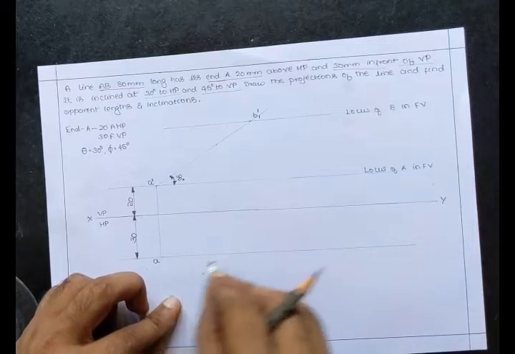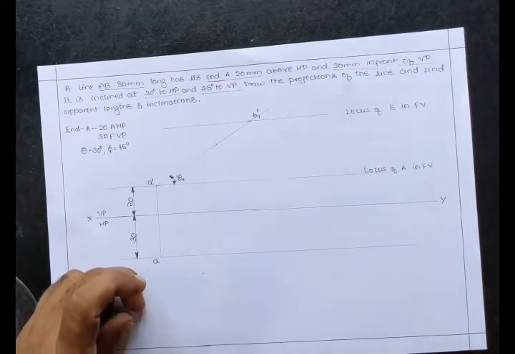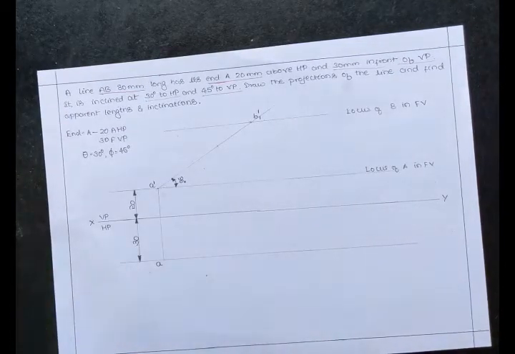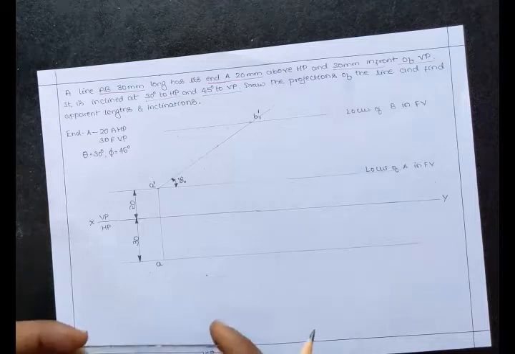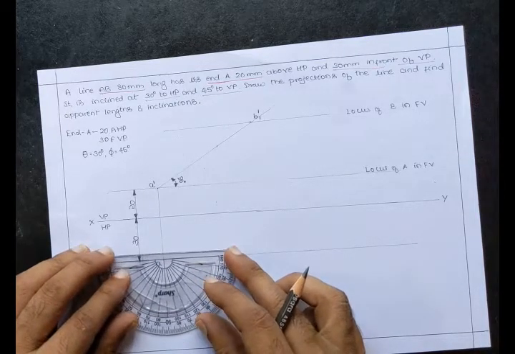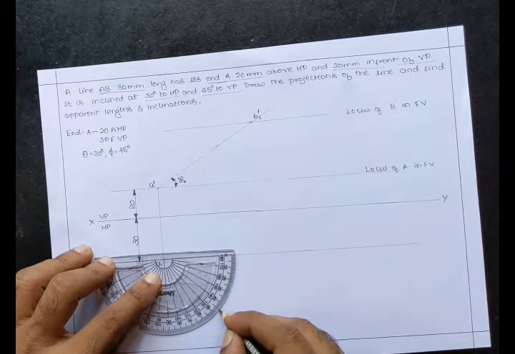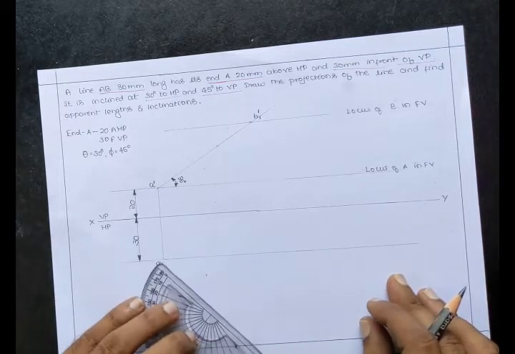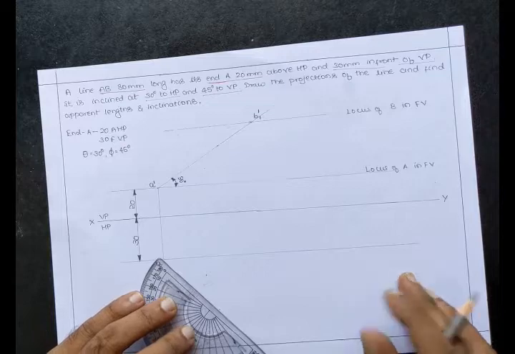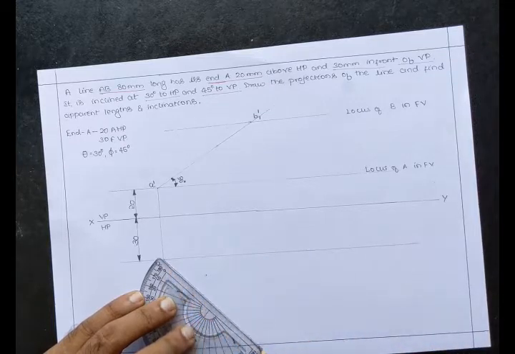So let me go to the next one, that is construction of the true length in the top view. It is given as 45 degree to VP. So let me take 45 degree here and construct a line.